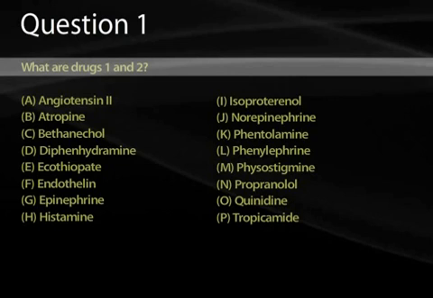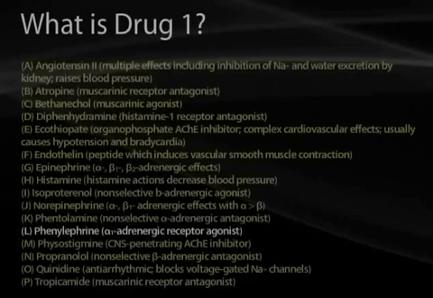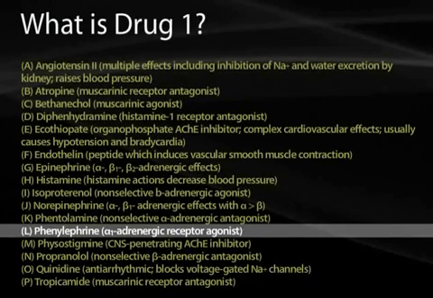But actually, we don't see that increase in heart rate. And if beta-2 activity were high, we would actually see a decrease in the diastolic pressure. But what we see here is an increase in diastolic blood pressure. Drug 1, therefore, is phenylephrine, which is a commonly given alpha-1 specific receptor agonist.